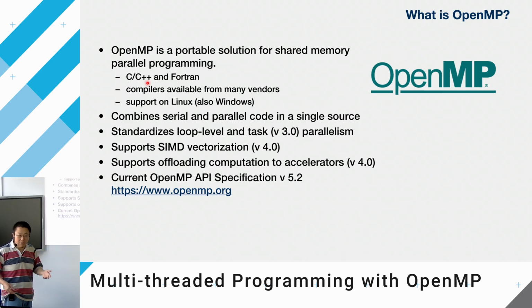You can use the Intel compiler, the GNU compiler, Clang, the LLVM supported compiler, and the NVIDIA compiler is also supported. You can easily turn serial code into parallel code by using OpenMP. As you can see, there is a development of OpenMP from version 3 to version 4, version 5, and so on. So more and more functionalities are added into OpenMP.